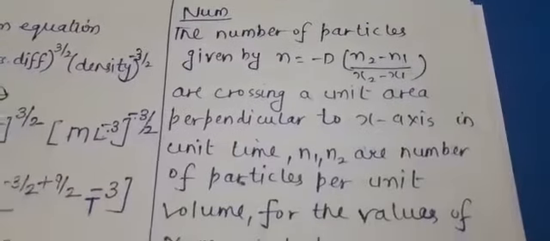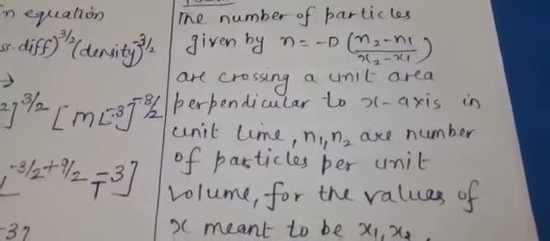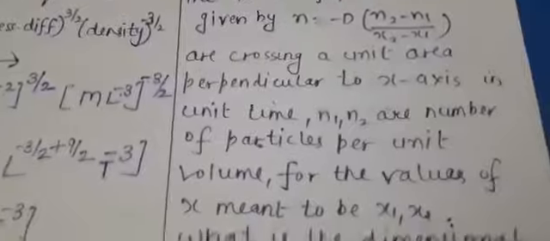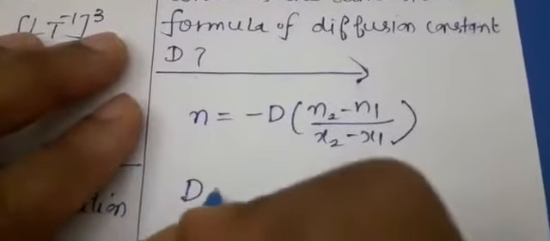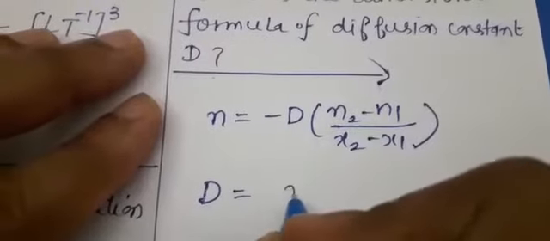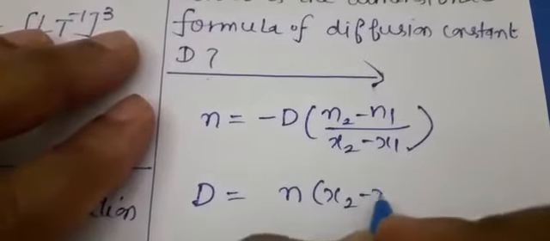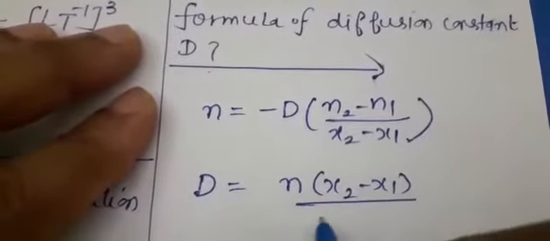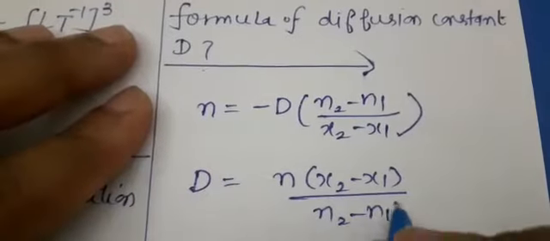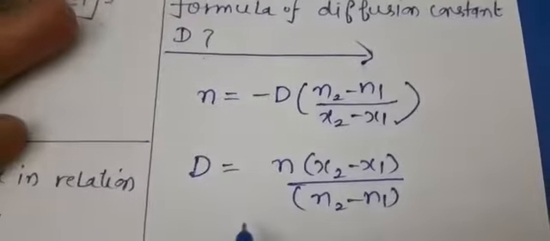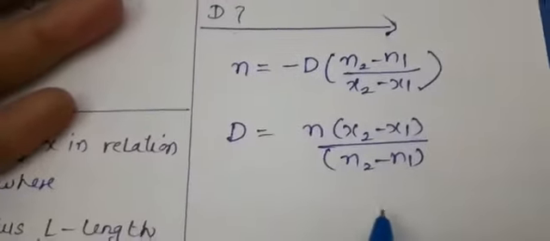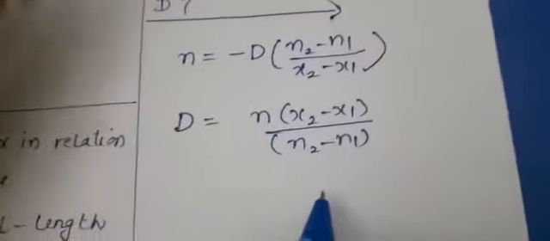So basically n is representing the particles crossing per unit area per unit time. So here diffusion constant will be, rearrange the term, n into x2 minus x1 upon n2 minus n1. Negative sign you can drop. Here we have to simply use the dimensional formula, no significance of negative sign here.